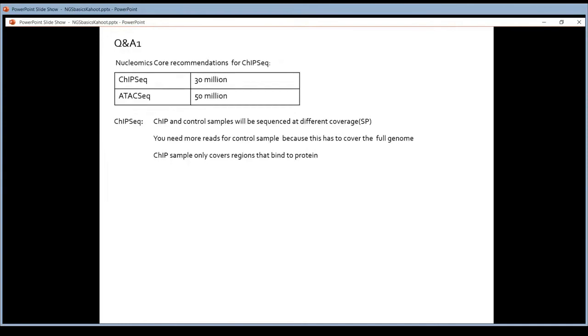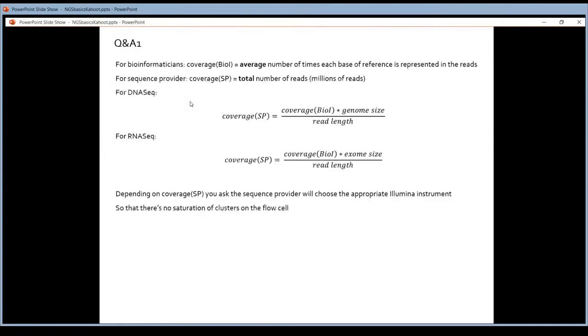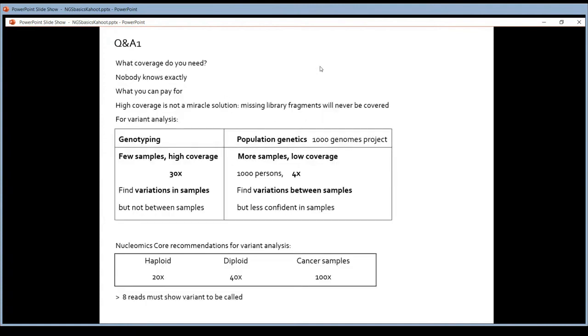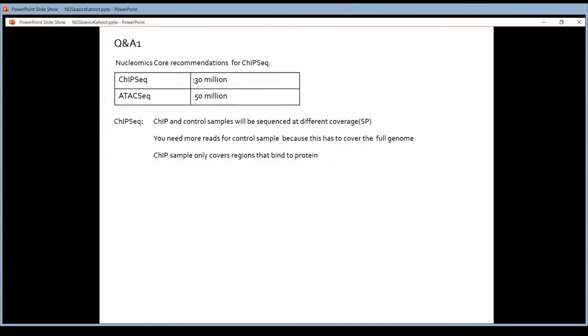For ChIP-seq and ATAC-seq, this is what they recommend. These are numbers from a sequence provider, so when they talk about coverage, they often express it in millions of reads. For ChIP-seq, it's normal that you will have different coverage for your ChIP sample, which is a very small library because it's only the fragments that bind to the transcription factor, and your control sample, which is full genomic DNA cut into pieces.